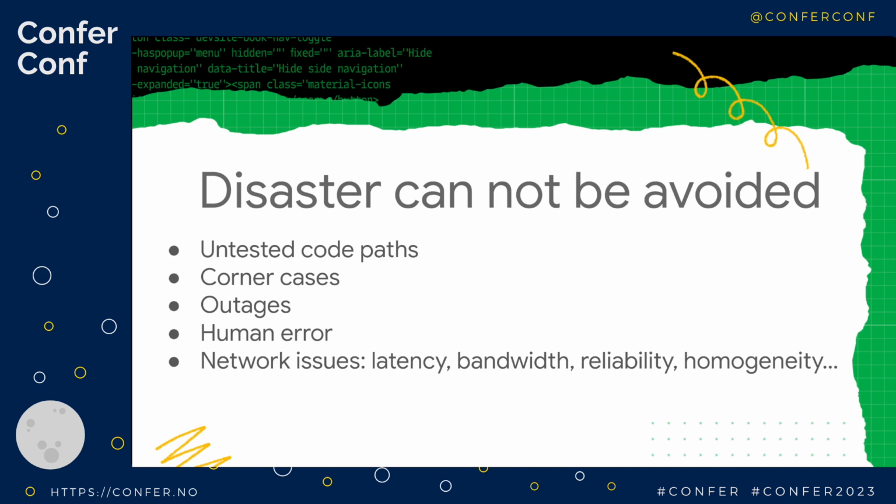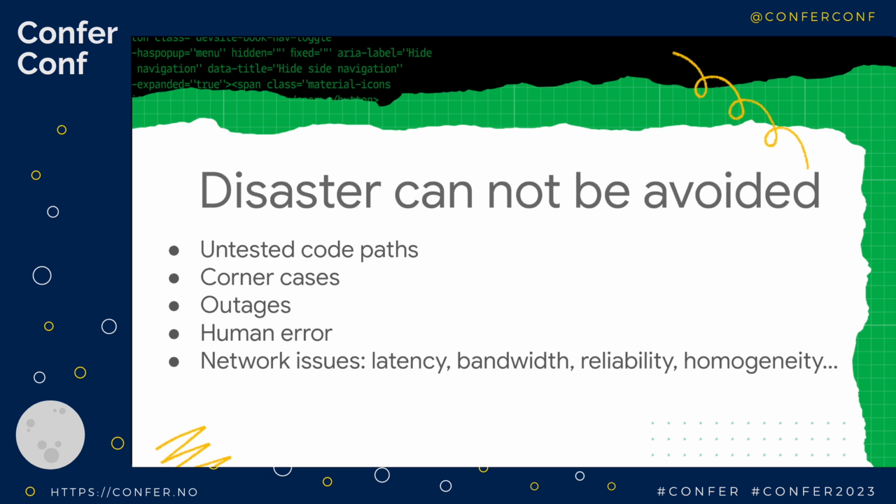Everything from this is based on the idea that disaster cannot be avoided, because we can be pretty good at developing, we can have amazing tests, we can have full coverage in our system. We can be doing TDD, where we define our business logic before implementing the thing itself.